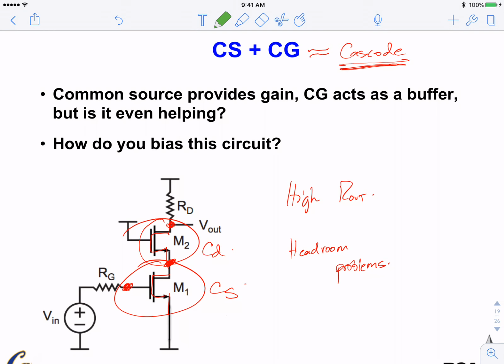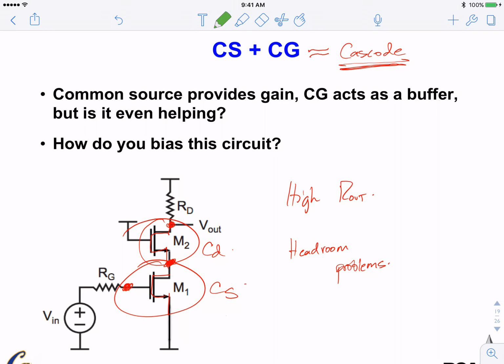It is a known topology in vacuum tubes, and when transistors were invented, people used the same terminology. If you look in the dictionary, there's no word called cascode. But the vacuum tube designers in the 40s and 50s knew what a cascode is. So we just use the same terminology.